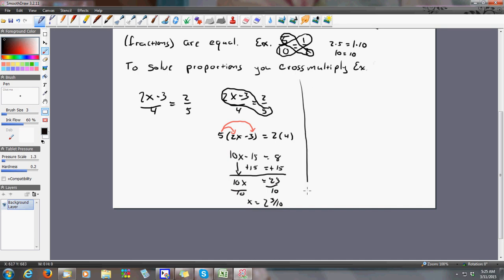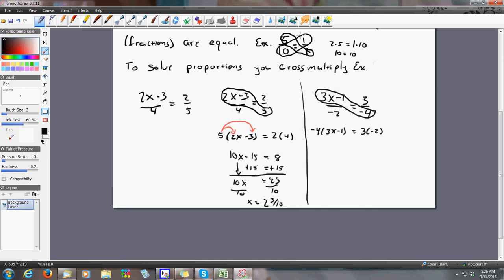I'm going to do one last one, and this one's going to look like this: 3x minus 1 over negative 2 equals 3 over negative 4. So I'm just going to go right ahead and cross multiply. I get negative 4 times 3x minus 1 equals 3 times negative 2.